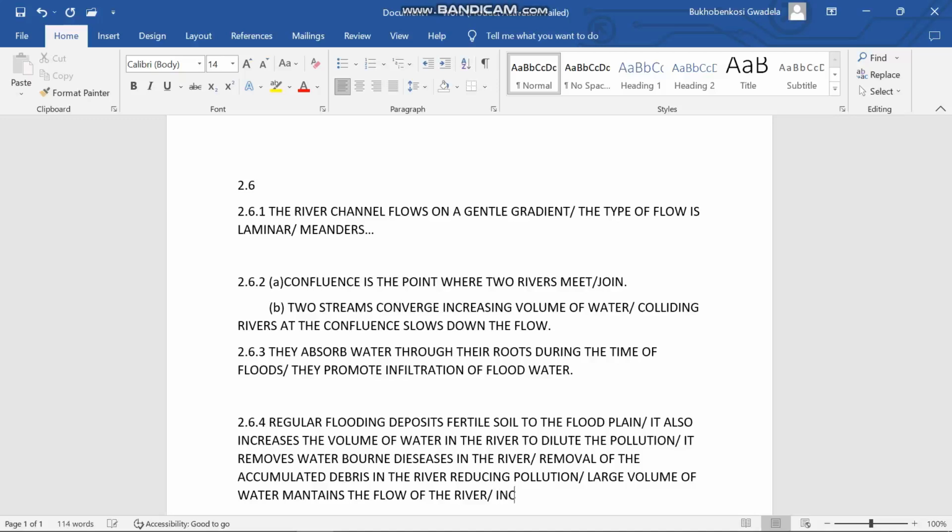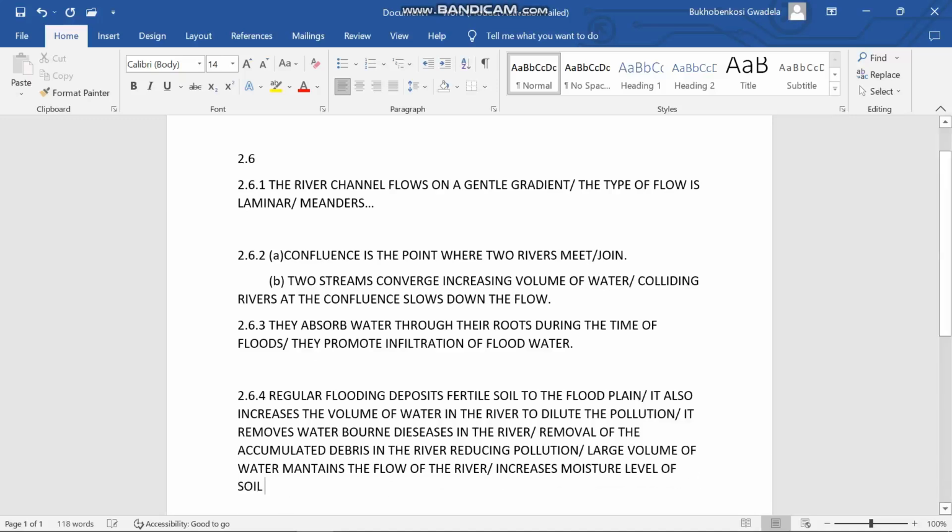You can also say it increases the moisture level of soil on the floodplain.